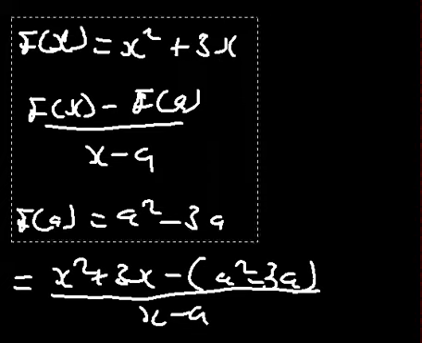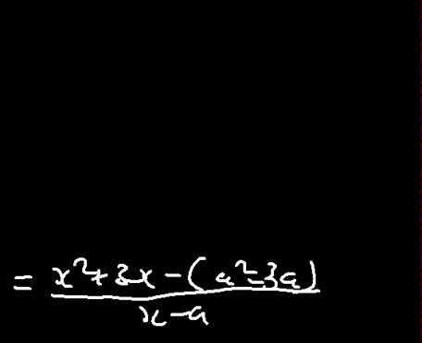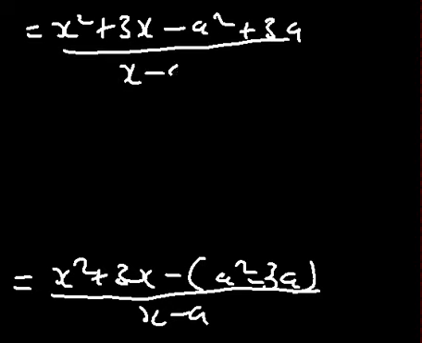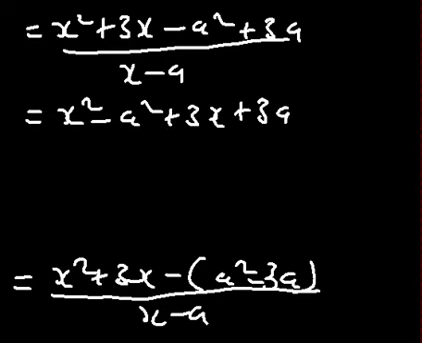Now we'll have x squared plus 3x and then minus a squared and then plus 3a, divided by x minus a. Let's put x squared and minus a squared together, because those are the difference of two squares. So we have x squared minus a squared and plus 3x and plus 3a, divided by x minus a.